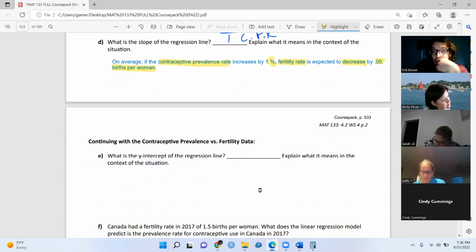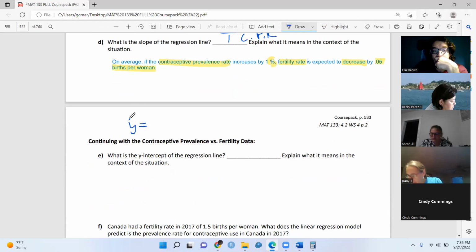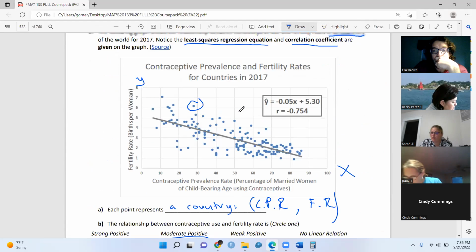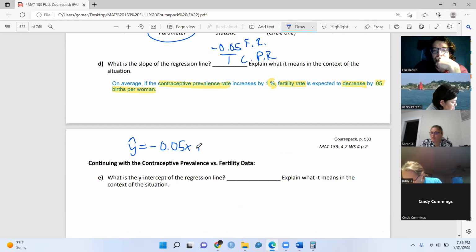What did you write for the y-intercept? It would be 5.30. Really close. You're half right. What's the x value?